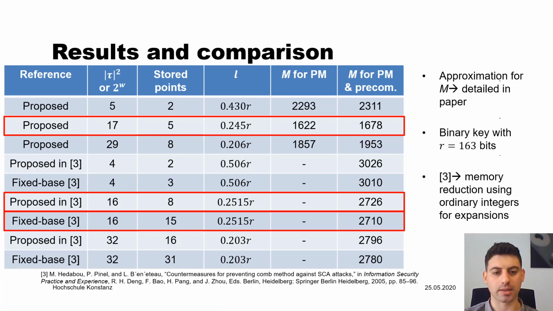As shown in this table, using Gaussian integers reduces the number of multiplications and the number of stored points, or the memory requirements.